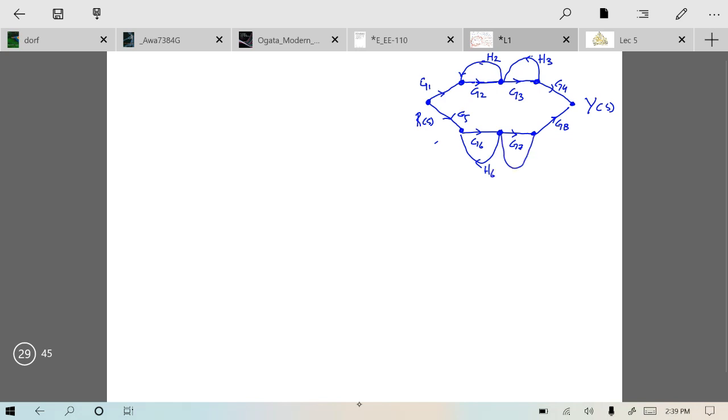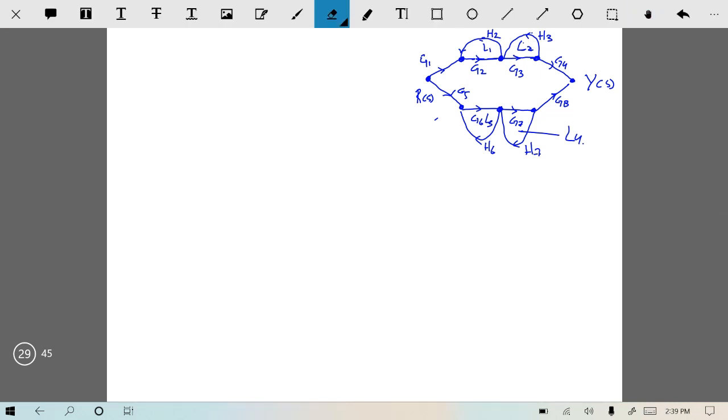There is another feedback loop over here which has gain H7. So this is our system. We have an input R(s) over here and output Y(s) over here. We have 4 loops. Let's call these loops L1, this loop L2, this loop L3, and this loop L4.